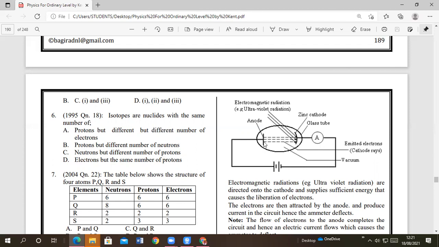Are we together? You know, negative and positive, they attract each other. So the electrons emitted from the zinc cathode are going to be attracted to the anode. Whenever the electrons are flowing, there will be current generated. Are we together?